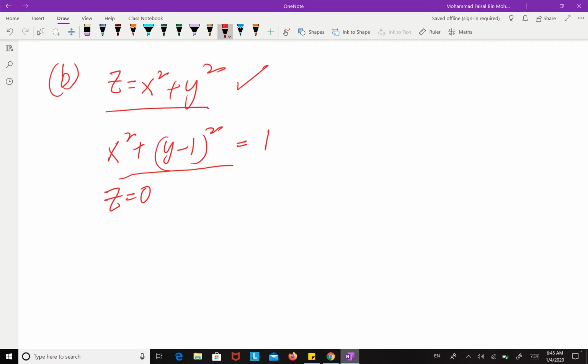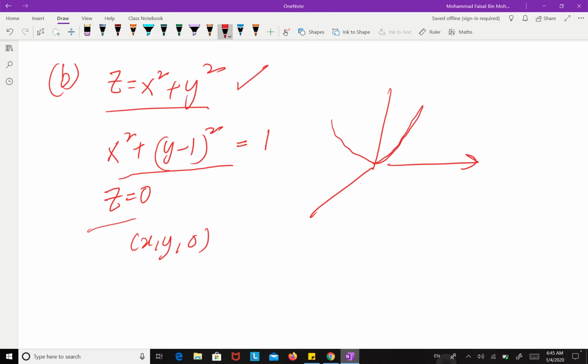Z equals 0 means we always start from the XY plane, x, y, 0, in 3D. So x squared plus y squared, inside is a circle.